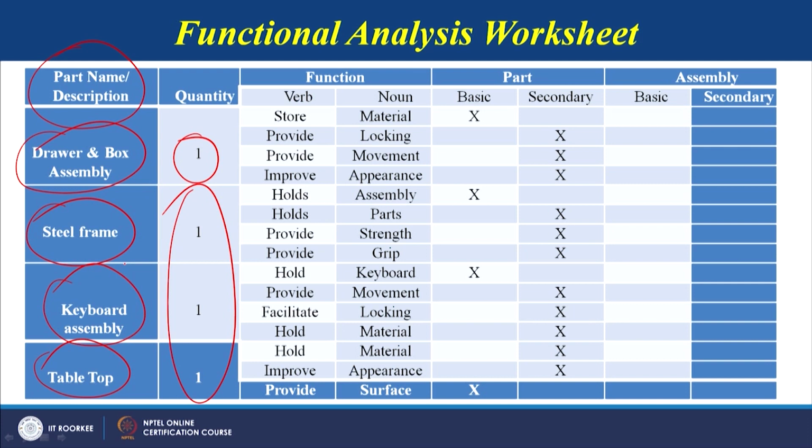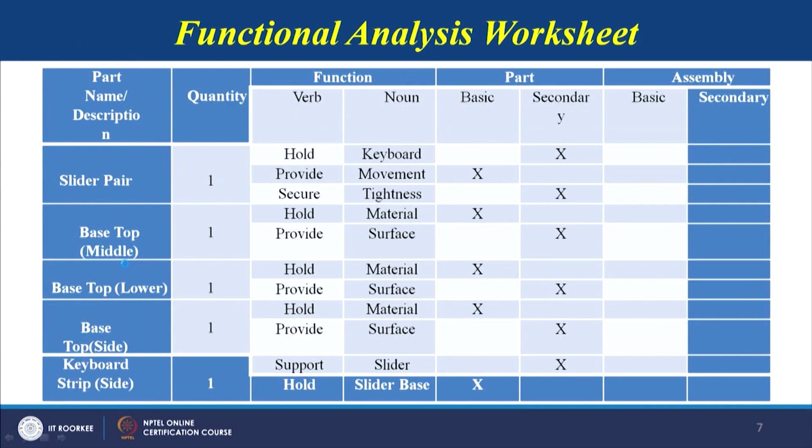I am just first listing the parts. Then there is a slide pair, then a base top, a base top lower, a base top and the keyboard strip. So, all these are the parts which are assembled together to make this computer table.